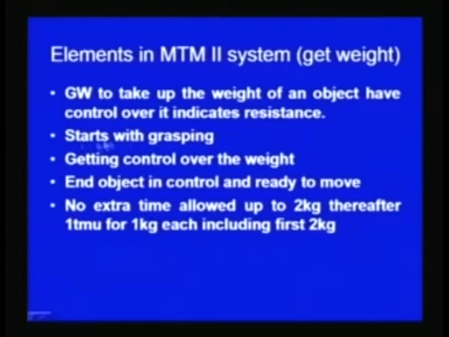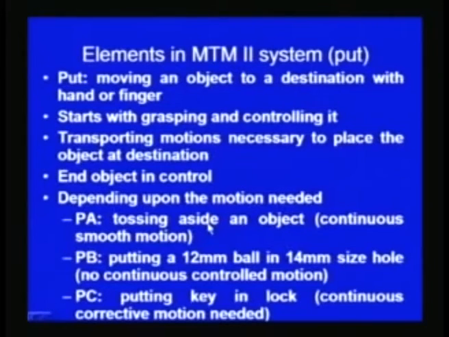It starts with grasping and getting control over the object, and ends with the object in control and ready to move. No extra time is allowed for the GW element up to 2 kg, but with further increase in weight, 1 TMU per kg of the weight is allotted extra, including the first 2 kg of the weight.